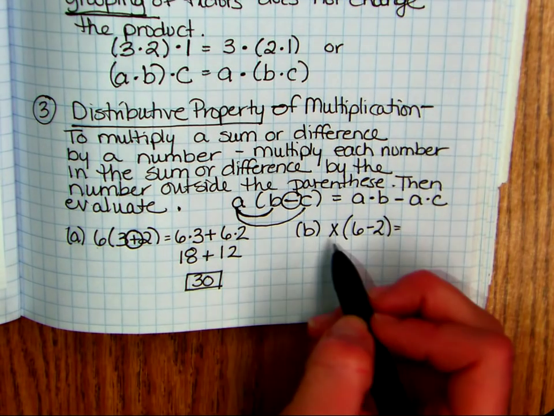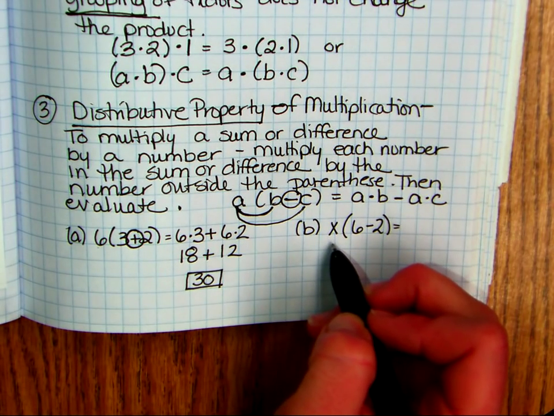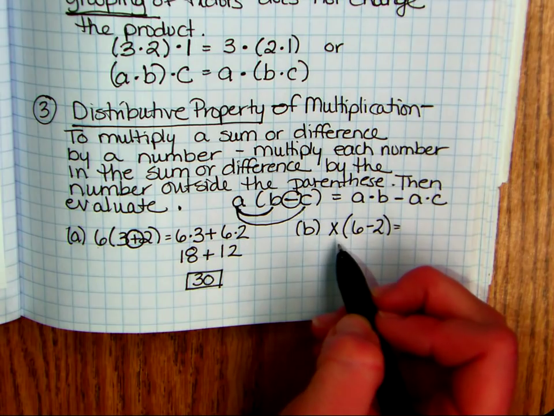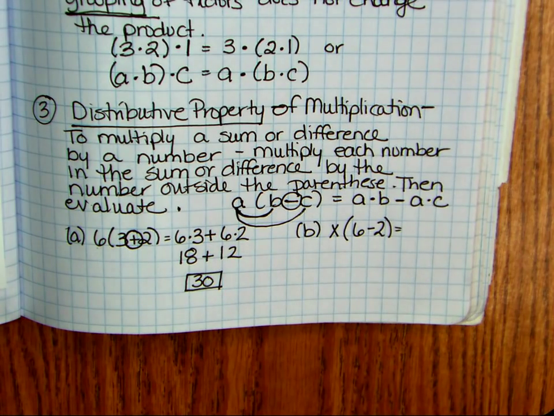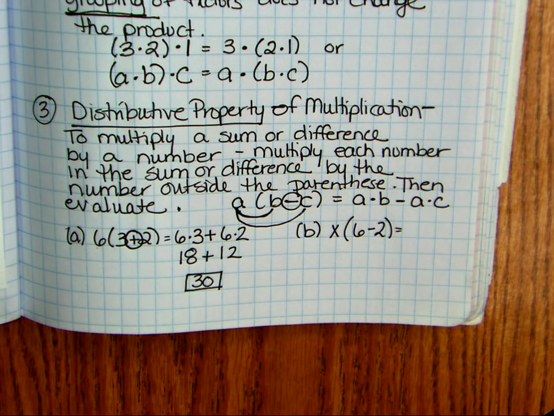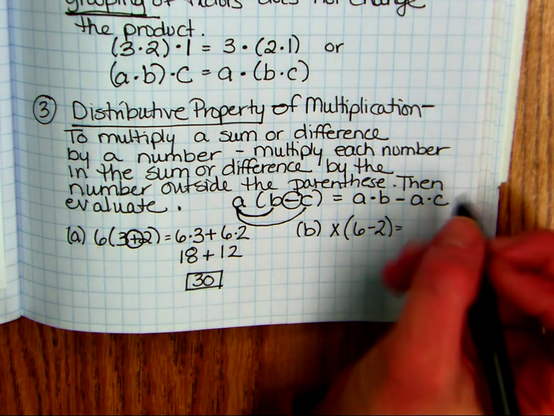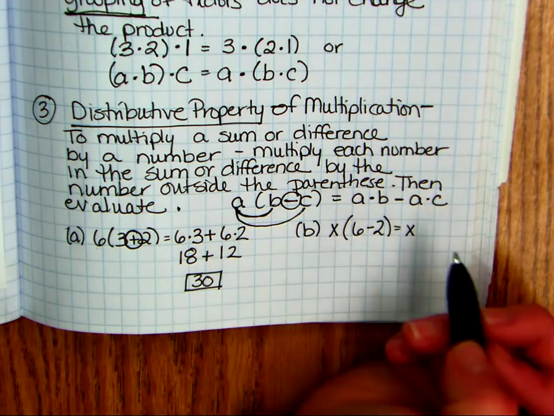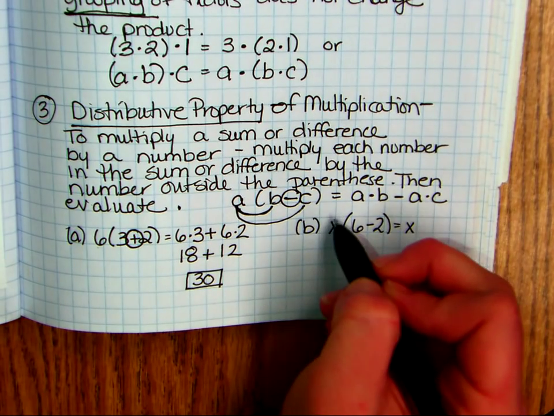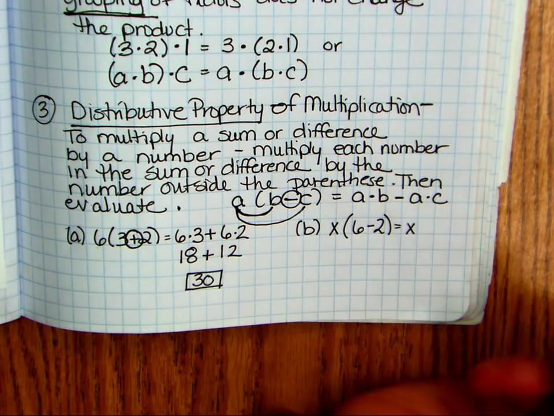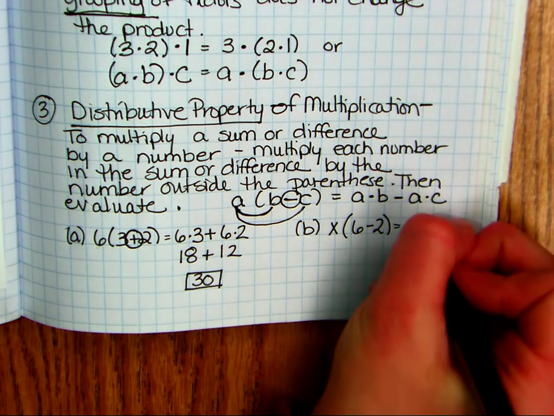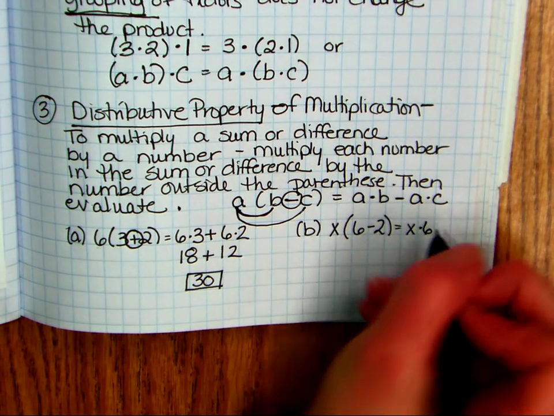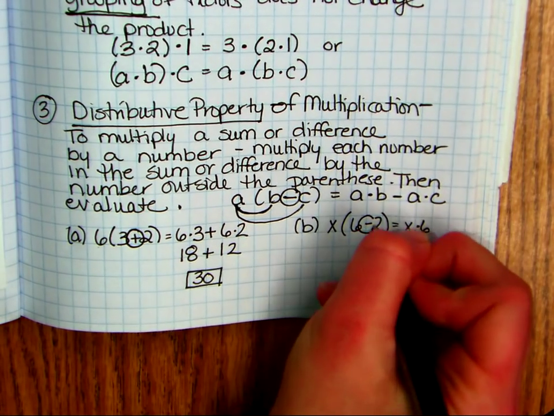First of all, we go outside the parentheses. What is the number, or what is the outside, I just gave you the answer. What is outside the parentheses, class? The variable, and what is that variable? X, okay? So we're going to start with x. We're going to multiply it into the parentheses. So x times the first number, which would be what? 6. So x times 6, and then what is your operation inside the parentheses?